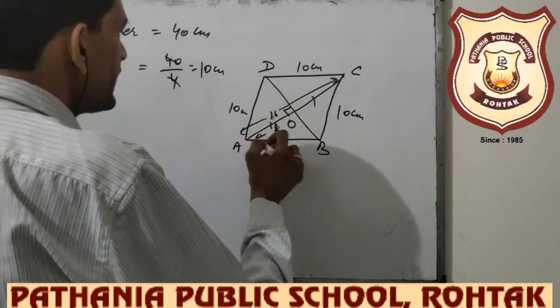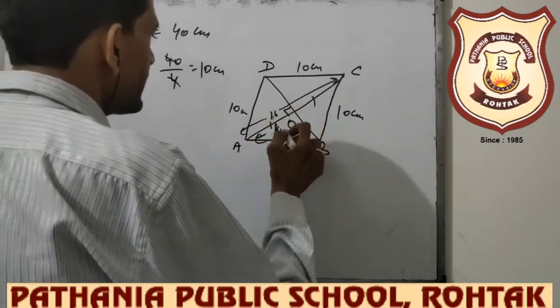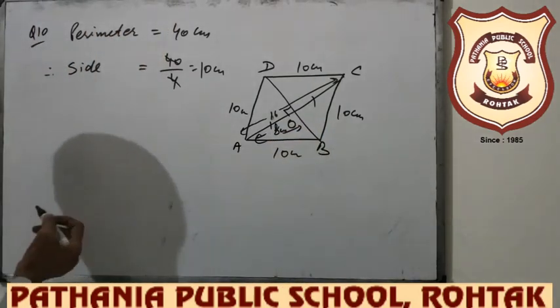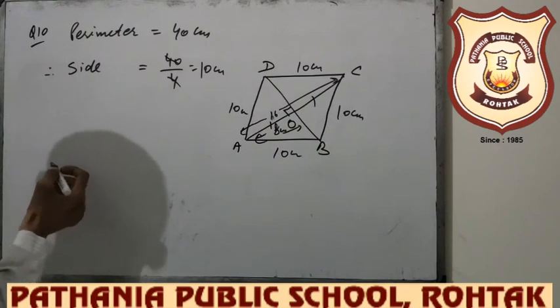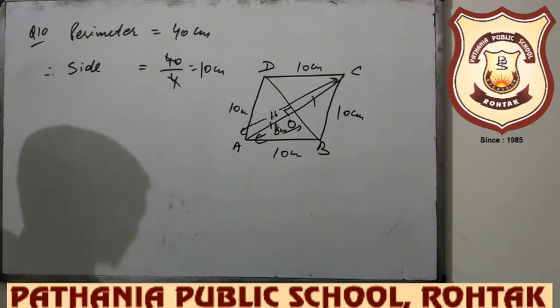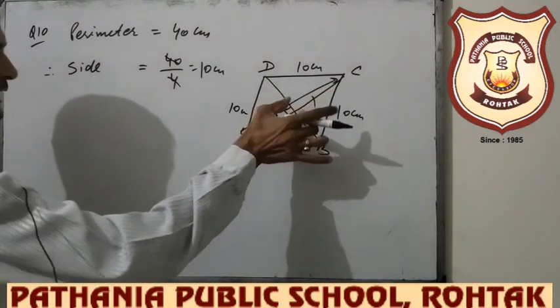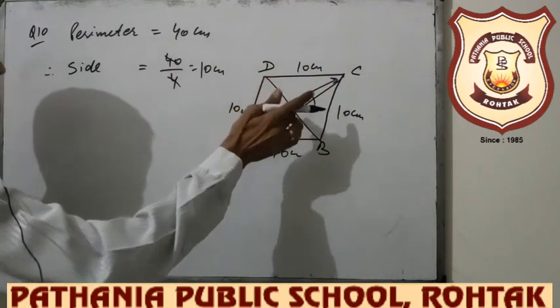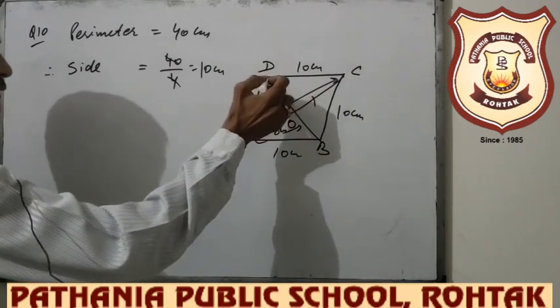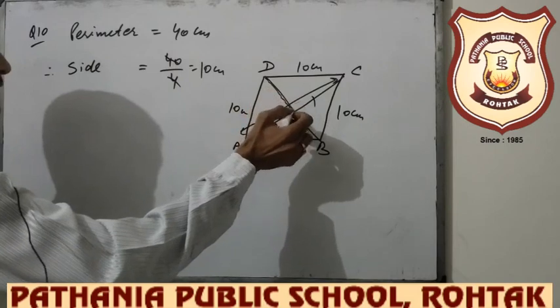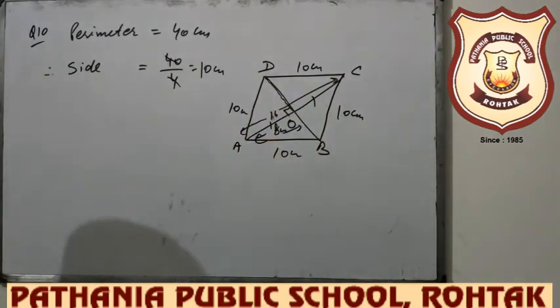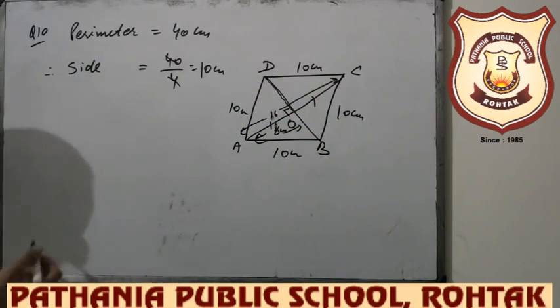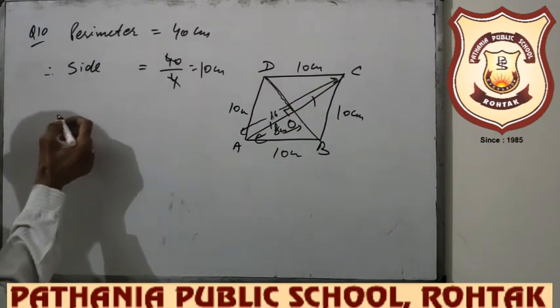AO is 8 centimeter. We have to find its area. And area of rhombus is what? Half into D1 D2. Half into one diagonal and second diagonal. So we have to find the length of second diagonal. So by Pythagoras theorem we find this OD and then double of OD is the length of BD and then half of the product of AC and BD is the area.